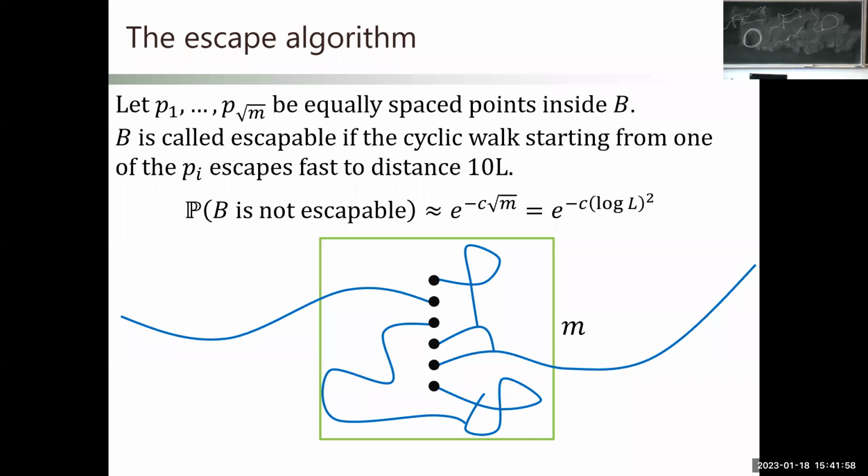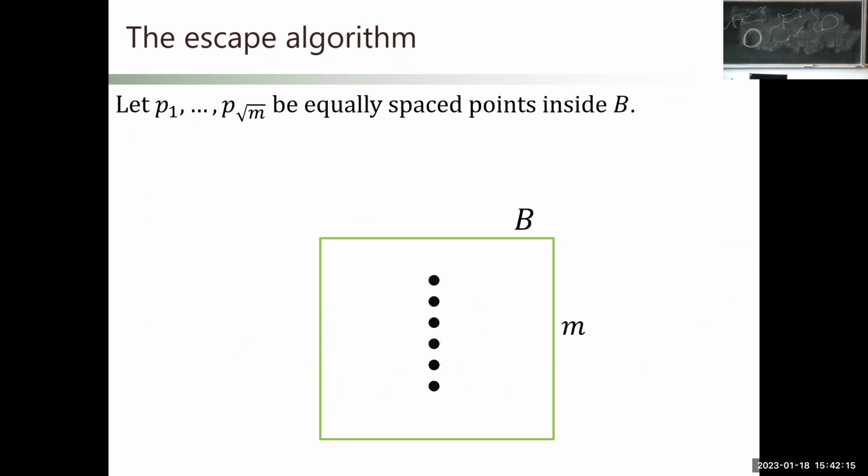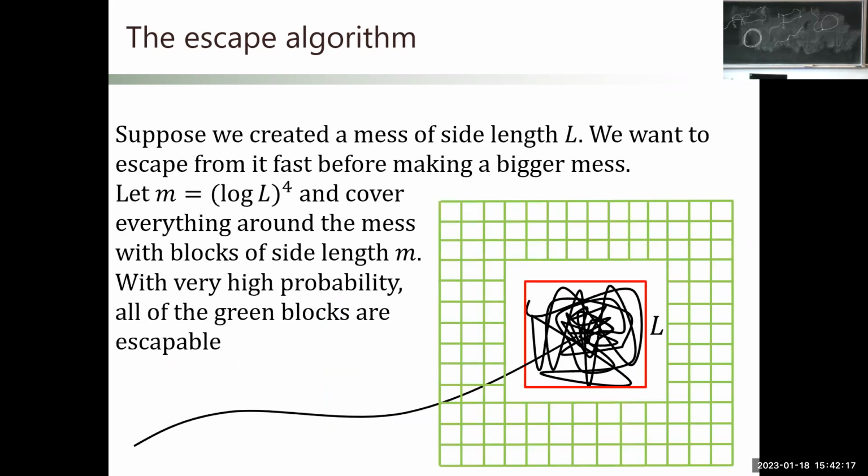This is the probability that none of them escapes. And because of how we set up the parameter, this is like e to the minus log L squared. So it's still really small compared to the big scale, which means that you can union bound. So this is a really small probability. What you can do is union bound and say that with really high probability, all of them are escapable.